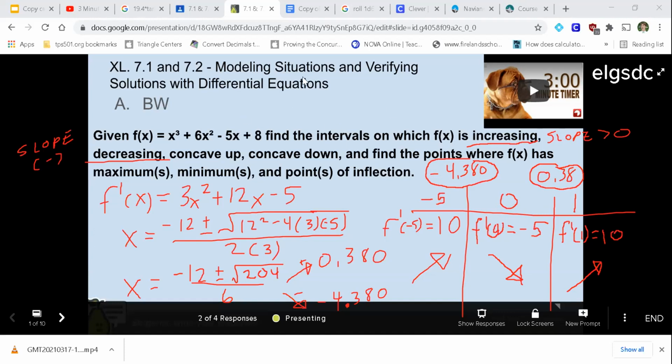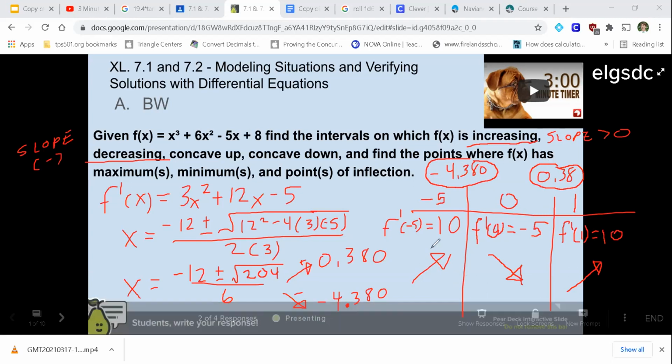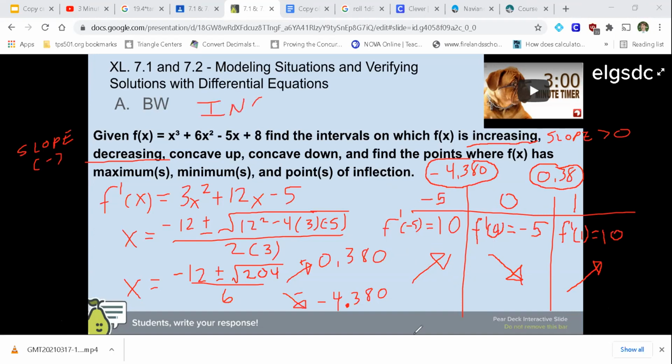Okay, so if we look at this, we're increasing from negative infinity till we get to negative 4.38, and from 0.38 till we get to infinity. That makes sense? And then we'll be decreasing between the values.